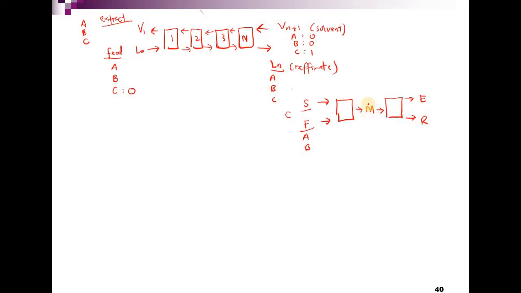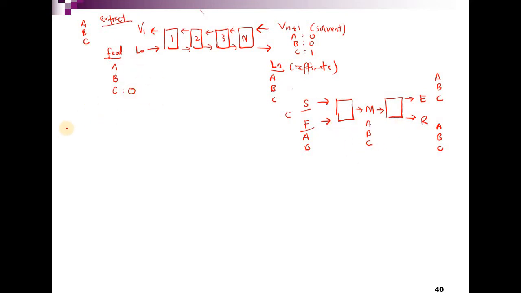The M here will contain components A, B, and C, because we mix the solvent which contains component C with the feed which has components A and B. So the intermediate phase mixture has all the components A, B, and C. After that, because the system is partially immiscible, meaning the solvent can mix with the feed, the extract and the raffinate will contain all three components, A, B, and C. So this system we call a partially immiscible system.